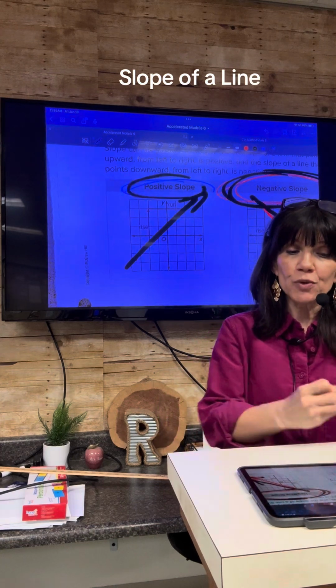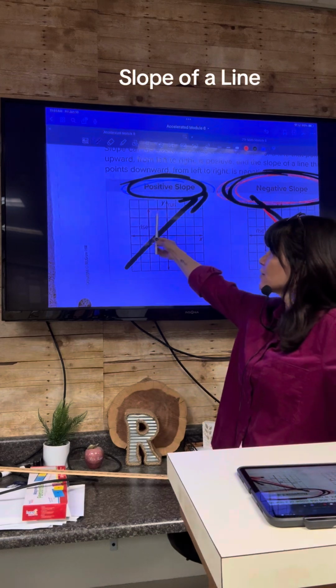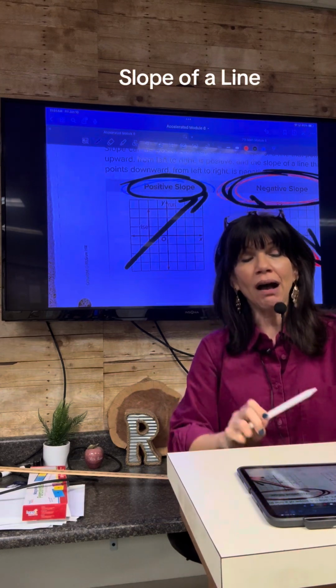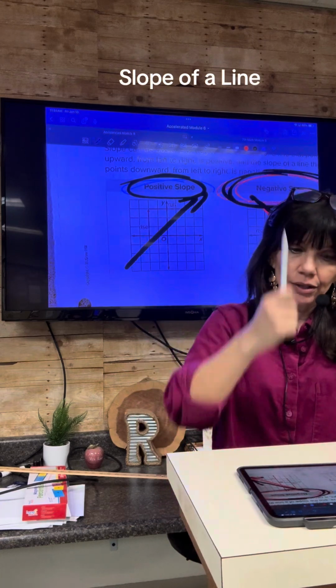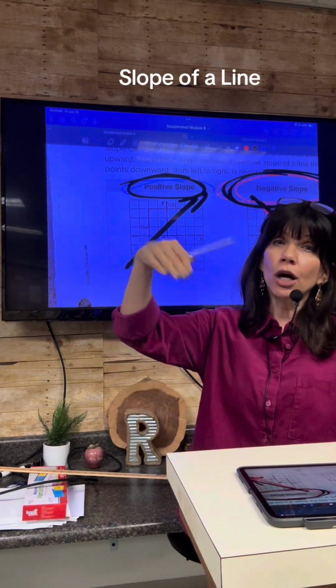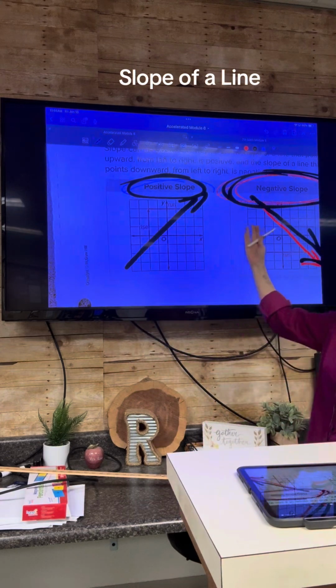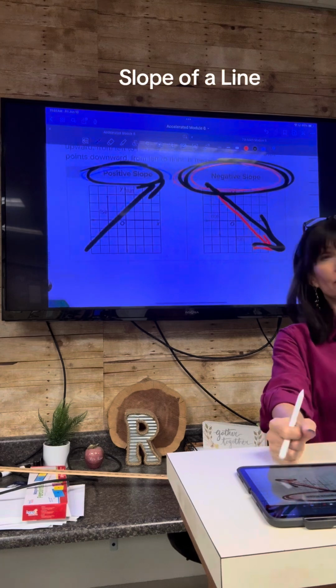So circle the words positive slope and understand that when you see a positive slope, it is called positive because the number values are going higher. Higher values make it positive slope. Lower values make it negative slope. Do I have any questions on positive slope versus negative slope?